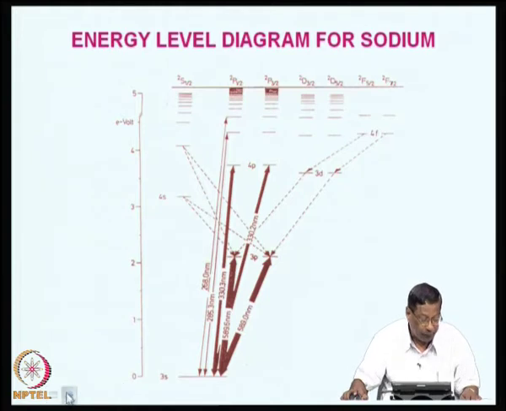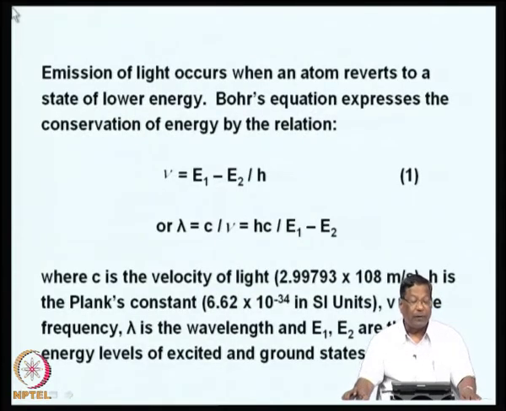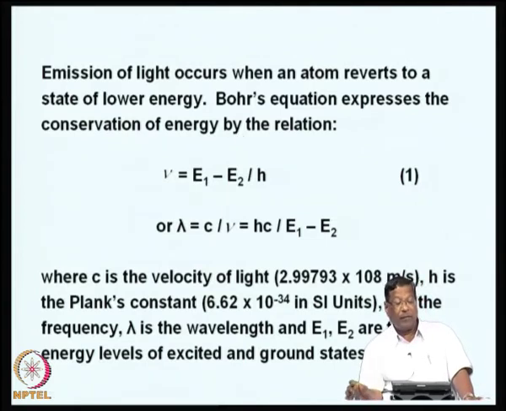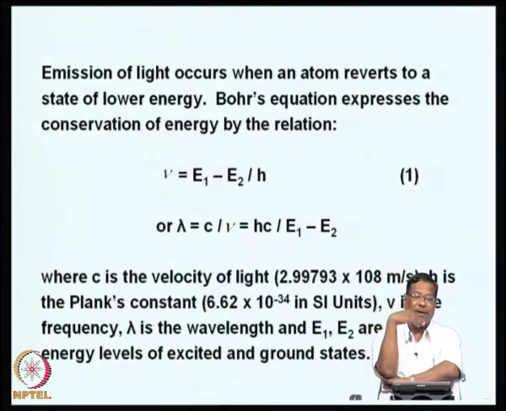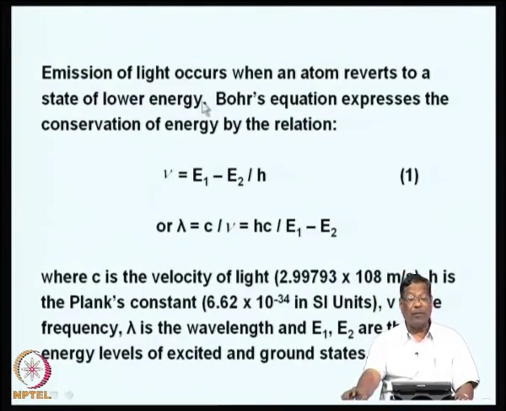So, it is very simple now to know that emission of light occurs when an atom reverts to a state of lower energy. First the element has to get excited, go to the next higher energy state, and it has to return to the ground state, and at that time emission can occur. This we know as fluorescence or atomic emission.